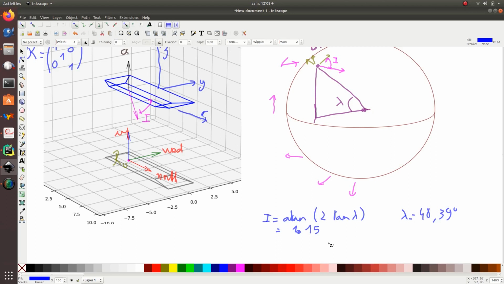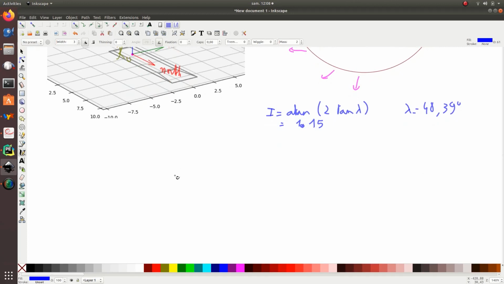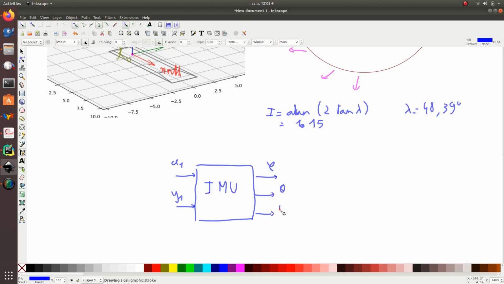So what we should do in this exercise is, when the robot here is able to measure in its own frame A1 and Y1, where the 1 means in its own frame, we have to build a system, usually called an IMU, which provides an estimation phi, theta, and psi of the Euler angles.